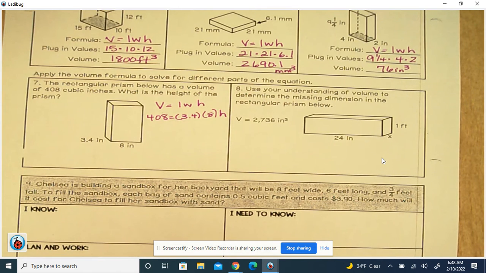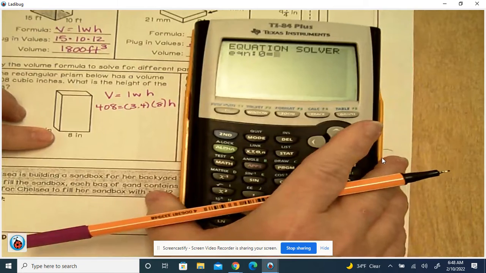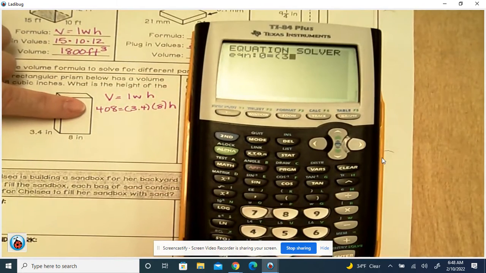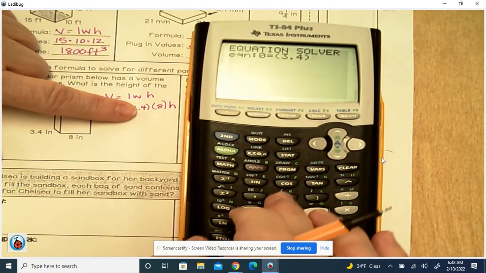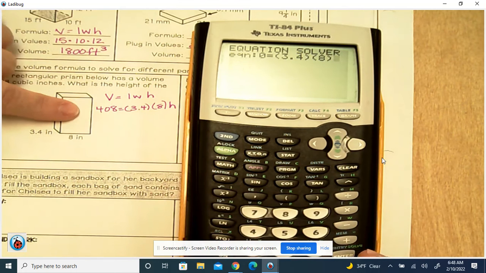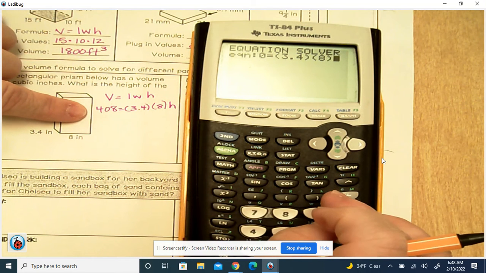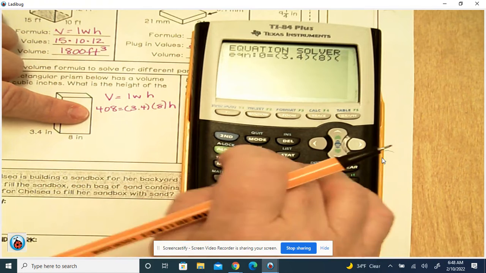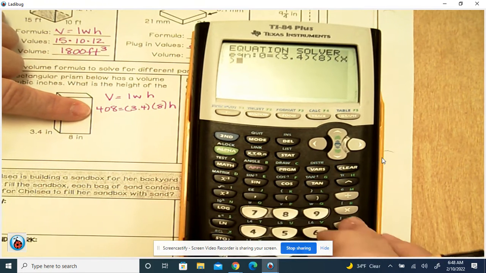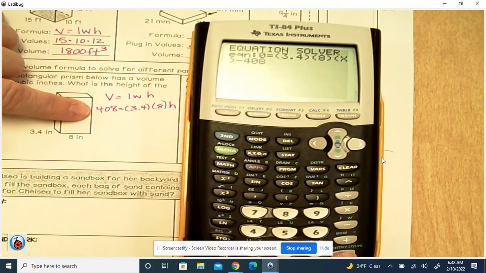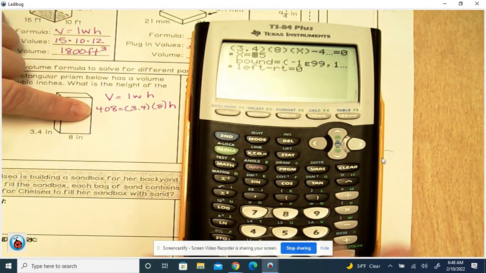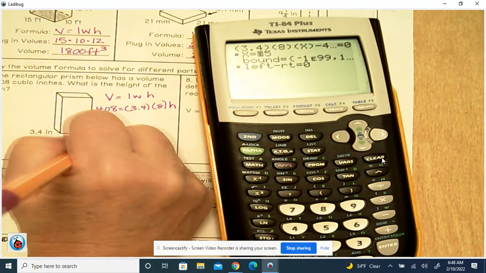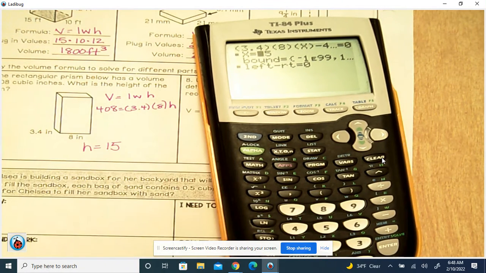We can put that in our calculator, just like we've done before. Right here, we can put 3.4 times 8 times x, and then minus 408, alpha, and we get 15. So the height is equal to 15.